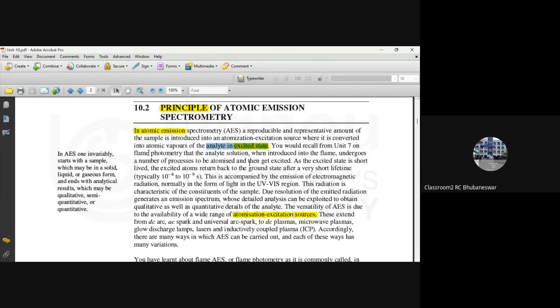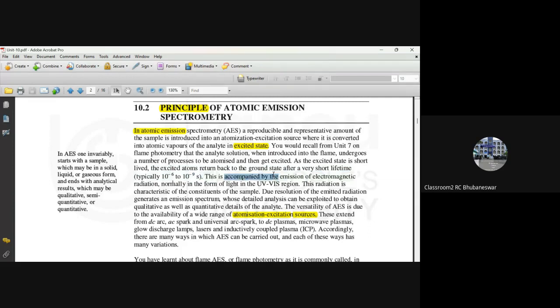So in flame photometry, you have observed that the analyte solution, when introduced into the flame, undergoes a number of processes to be atomized. Then it gets excited. As the excited state is short-lived, excited atoms return to the ground state after a very short lifespan, within a time scale of 10 to the power minus 6 to minus 9 seconds, mostly the nanosecond time scale.